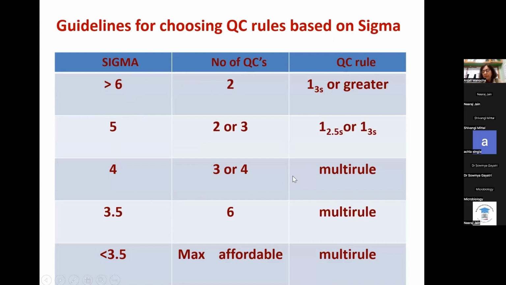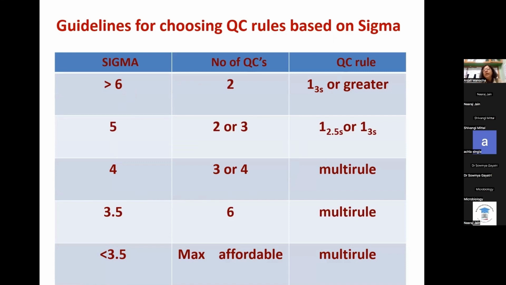These can also help in cutting down the number of IQCs that we are running, the number of times we are running the controls. Anything less than 3 is considered unacceptable. Anything beyond 6 is considered to be working very well.